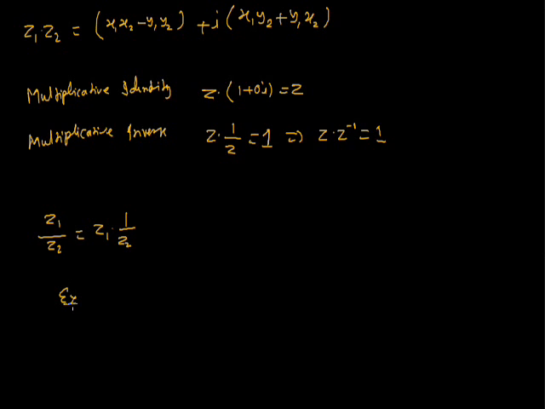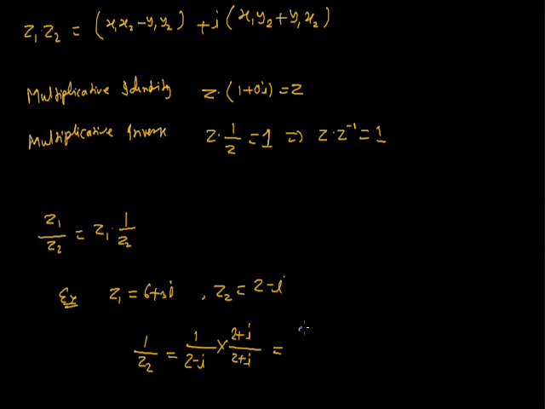For example, if we are given z1 is equal to 6 plus 3 iota and z2 is equal to 2 minus iota, then how can we find 1 upon z2? 1 upon z2 is equal to 1 upon 2 minus iota, and we can rationalize it by multiplying numerator and denominator by 2 plus iota.